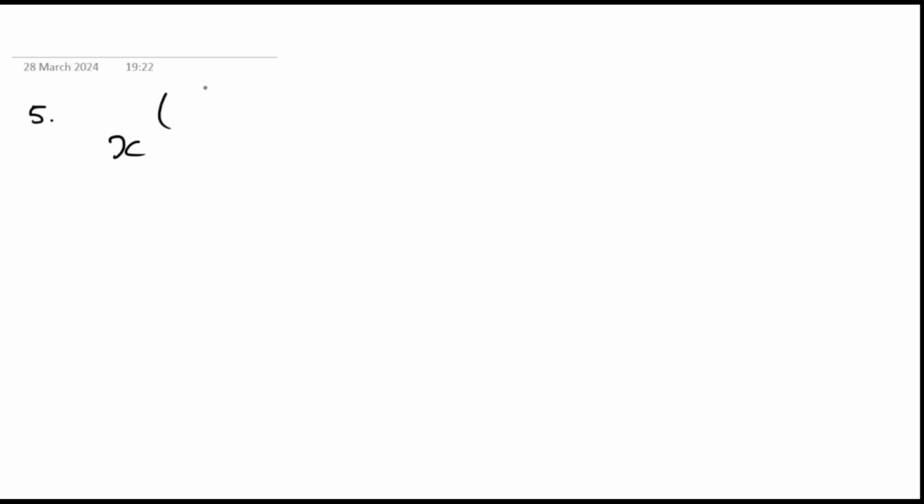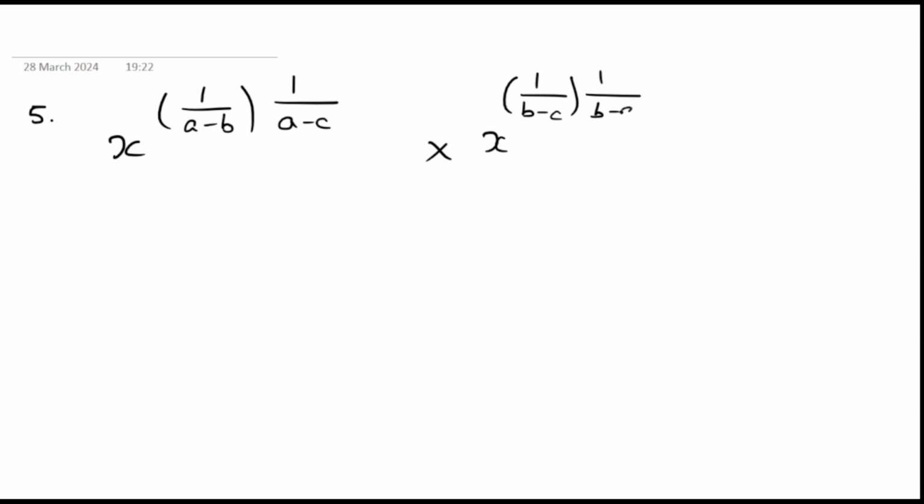x to the power 1 divided by (a minus b) into 1 divided by (a minus c), into x to the power 1 divided by (b minus c) into 1 divided by (b minus a), into x to the power 1 divided by (c minus a) into 1 divided by (c minus b).